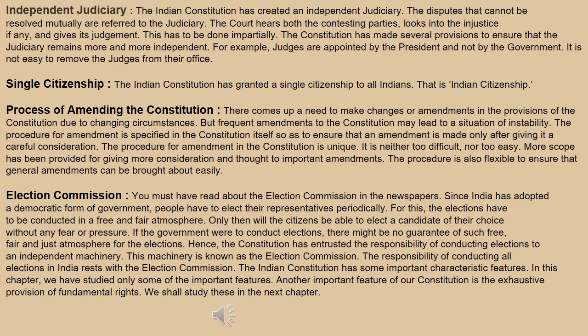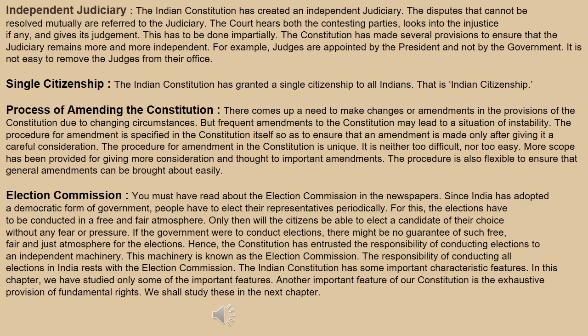Single citizenship. The Indian Constitution has granted a single citizenship to all Indians, that is Indian citizenship. Process of amending the Constitution. There comes up a need to make changes or amendments in the provisions of the Constitution due to changing circumstances.